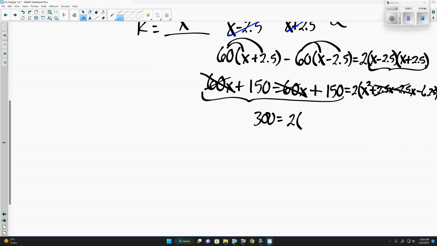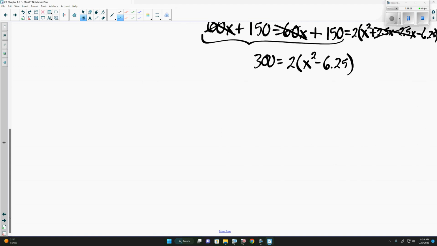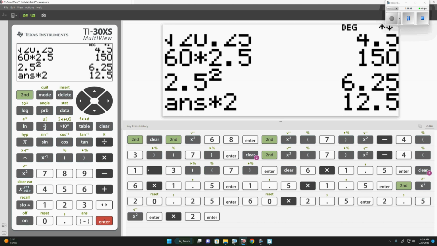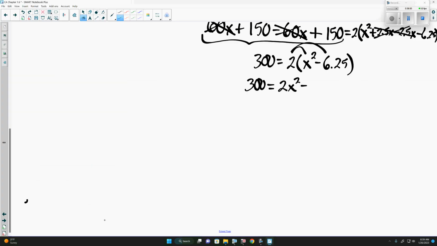Is equal to 2 times x squared minus 6.25. At this point here, we can distribute the 2, which will give us 2x squared minus, 6.25 times 2 is 12.5.